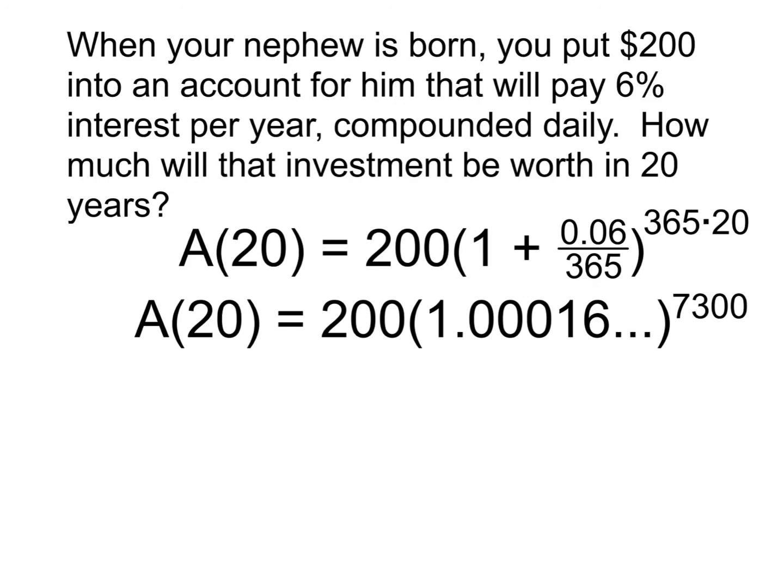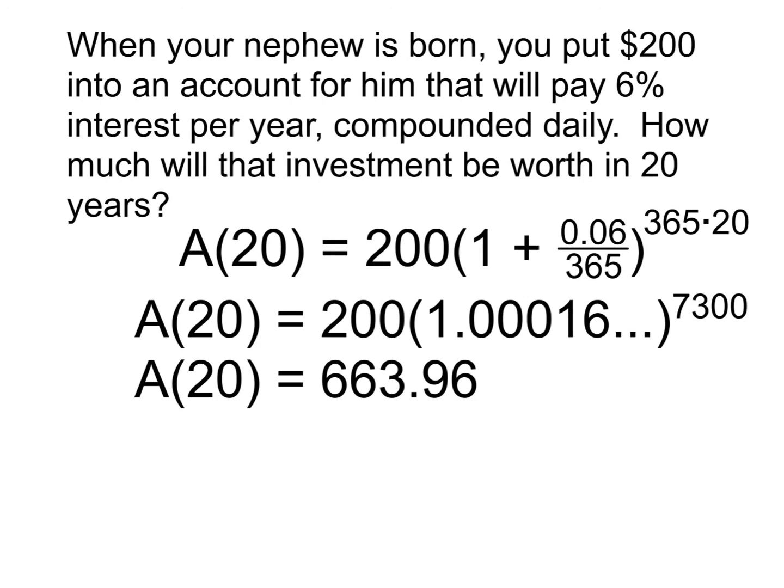So make sure that you are actually using the entire decimal that your calculator gives you when you raise it to that power. Because when you multiply something by itself over 7,000 times, a little difference can make a big difference later. Because that's multiplying a lot together. All right, and then we go ahead and do that operation. If all has gone well, you're going to be getting an answer of $663.96.